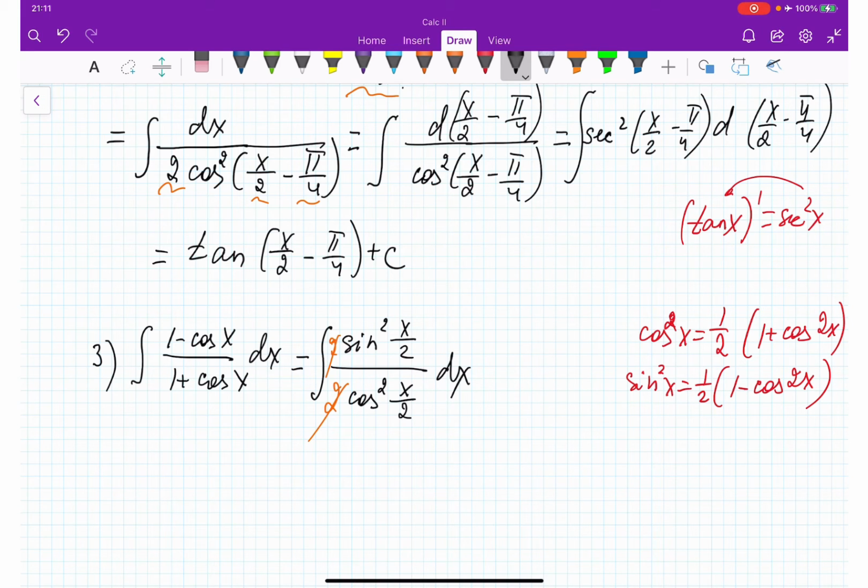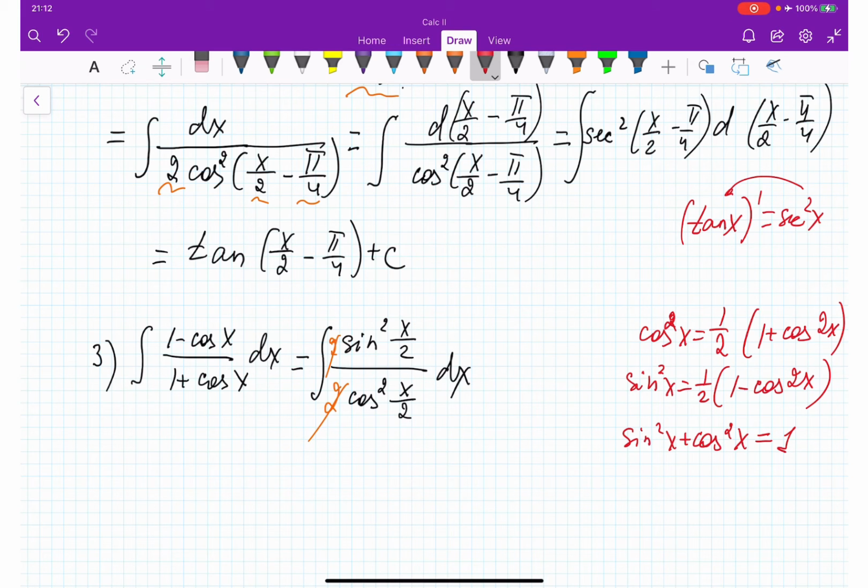I can take the derivative of tangent if I divide, but I have tangent squared x. If I would have just tangent x, that would be easy. I would take it and solve it. But I have tangent squared x, so I'm going to simplify now. In the numerator, bringing sine squared to cosine squared, based on the property that sine squared x plus cosine squared x is equal to 1.